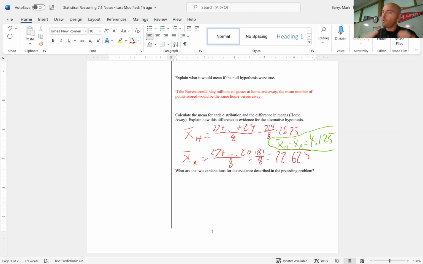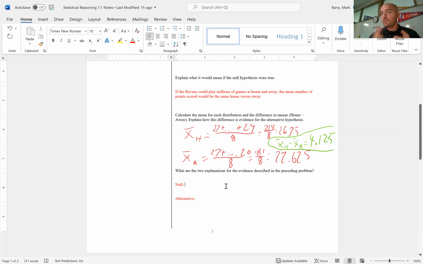Well, one explanation is going to explain, if the null hypothesis is still true, how do we explain that difference? And then the other one is going to be, if the alternative hypothesis is true, how do we explain that difference? Let's go through both of those. It'll be very similar to what we did in previous units.